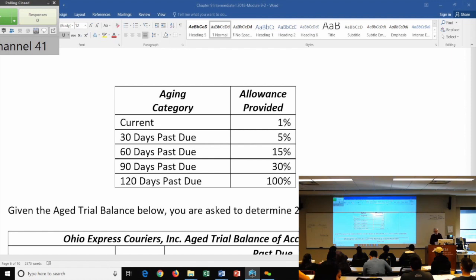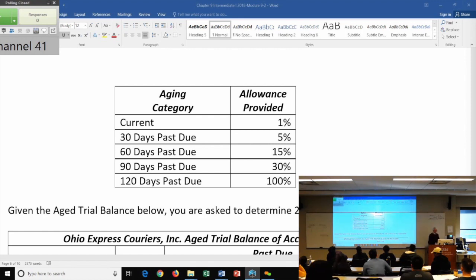So 1% of current accounts are expected to be uncollectible. 5% of 30-day past due accounts are expected to be uncollectible. 15% of the 60-day, 30% of the 90, and all of the 120 past due accounts are expected to be uncollectible. Now, you've got 10,000 in receivables.